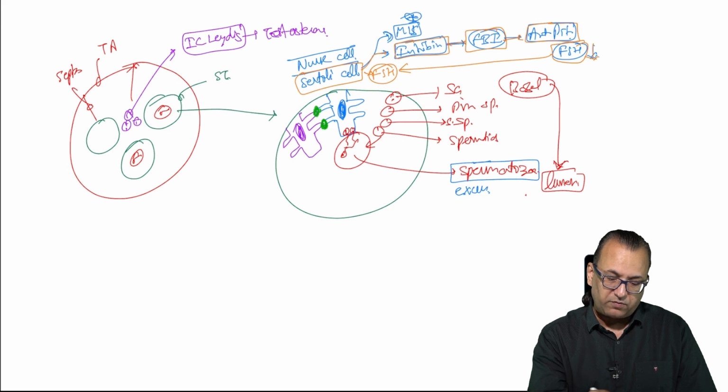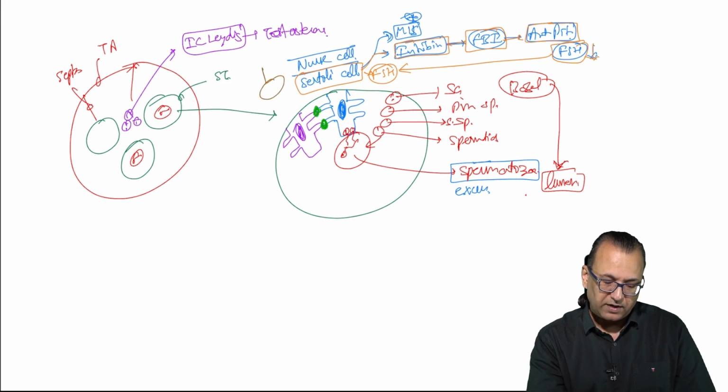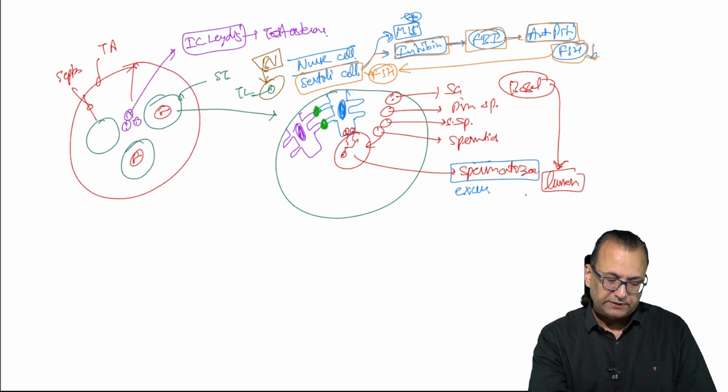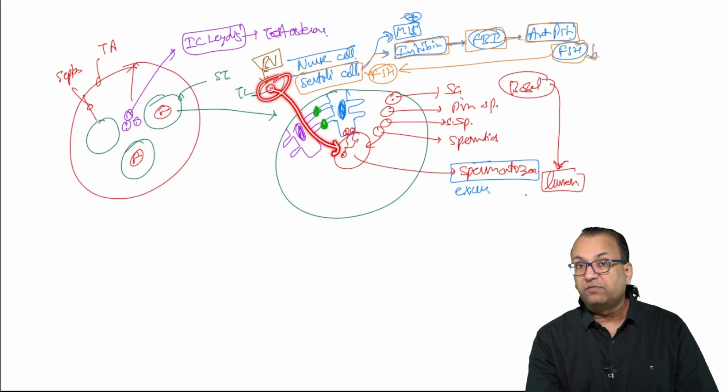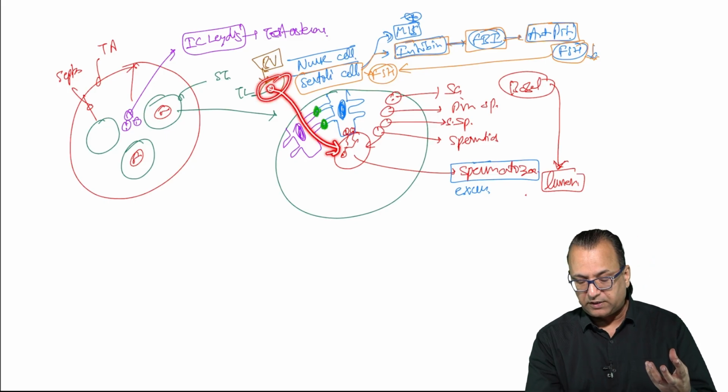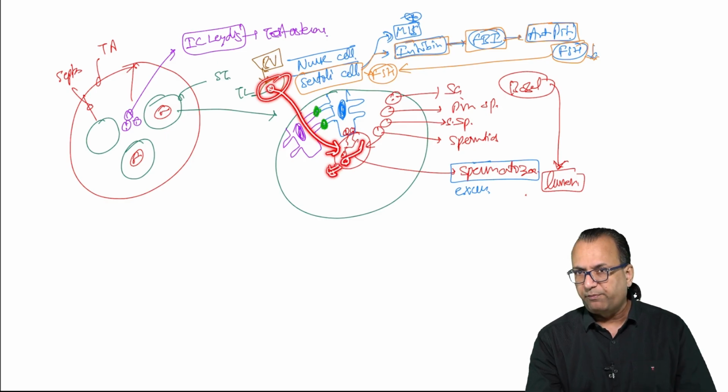You see, there is a blood vessel outside, and these blood vessels will have, say, T lymphocytes. That T lymphocyte in the blood vessel should not come in contact with the sperms, because sperms form only after puberty.